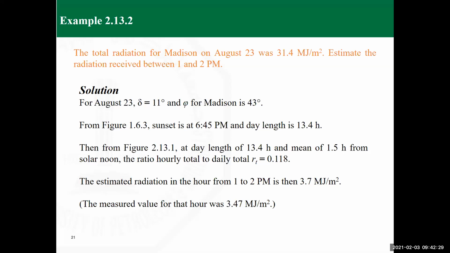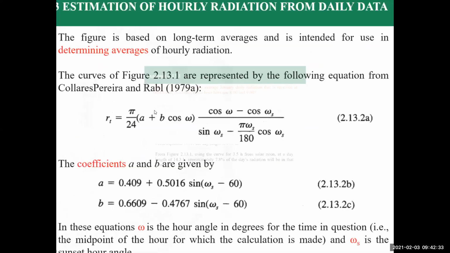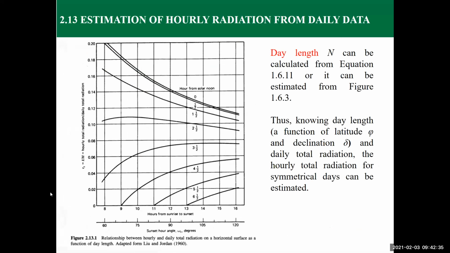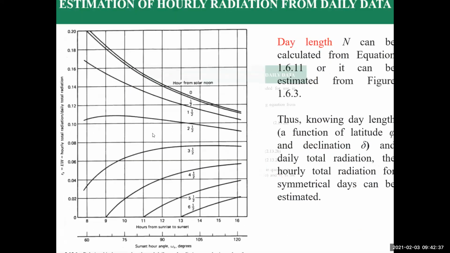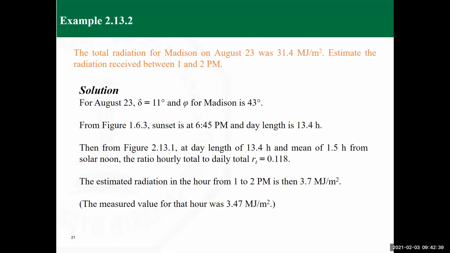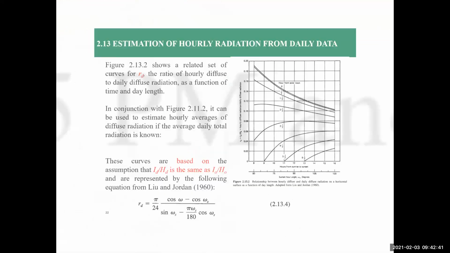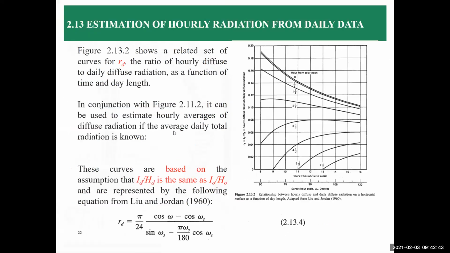So the RT here represents the ratio between I over H. And in that example here, the value of H has been given.